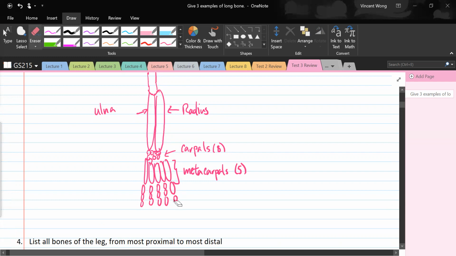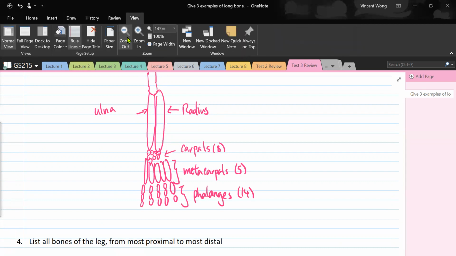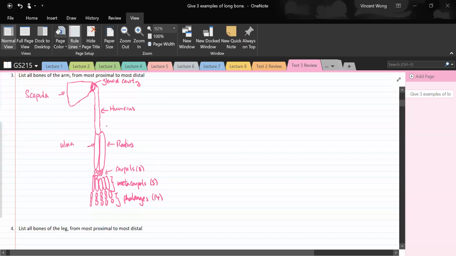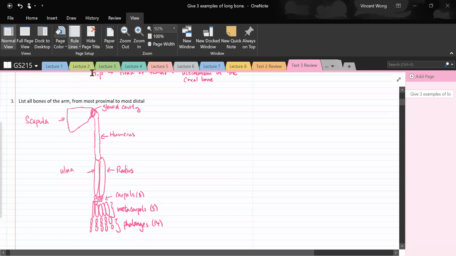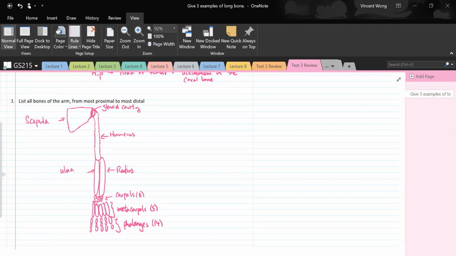Only 2 for the thumb and 3 for everything else, so 14 phalanges. Okay, so those are the bones of the arm from the most proximal to the most distal.